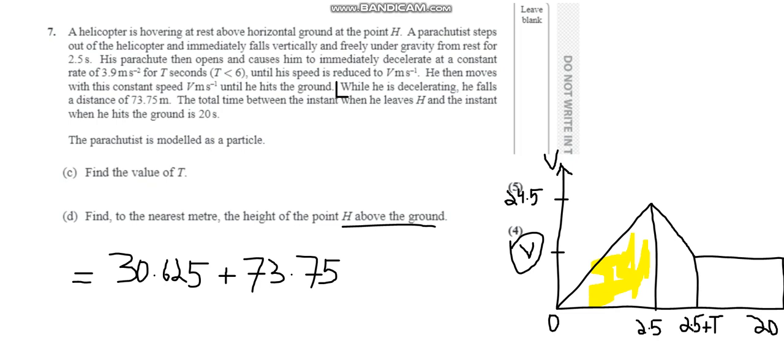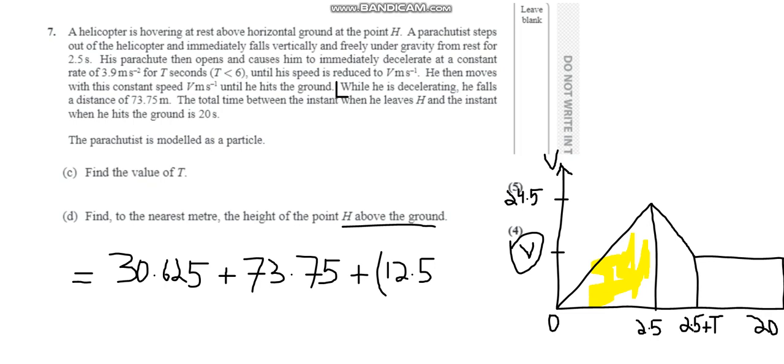So what we can do is take 20 and subtract 5 and 2.5 to find the time at v. 20 subtract 5 subtract 2.5 gives us a total time at v of 12.5.